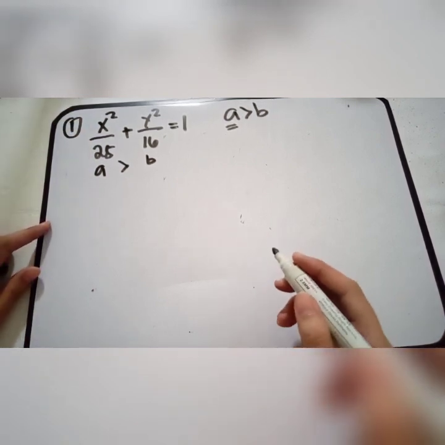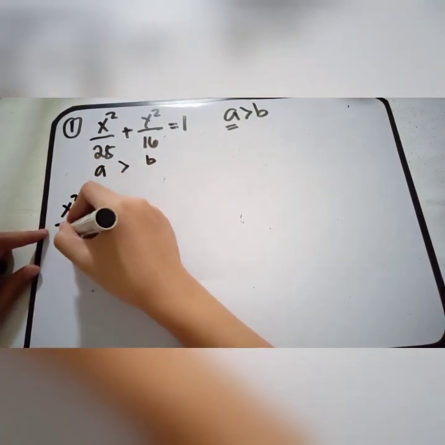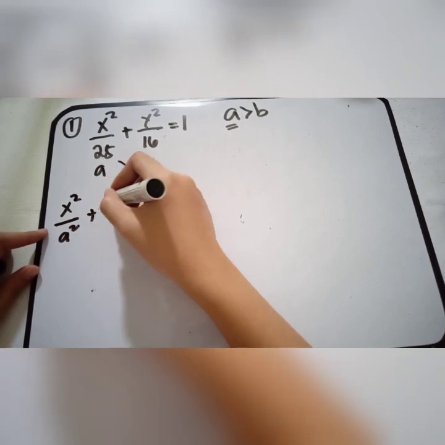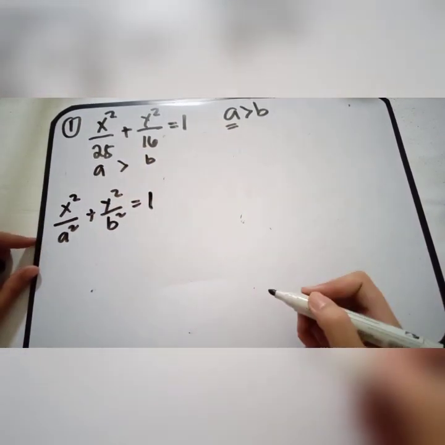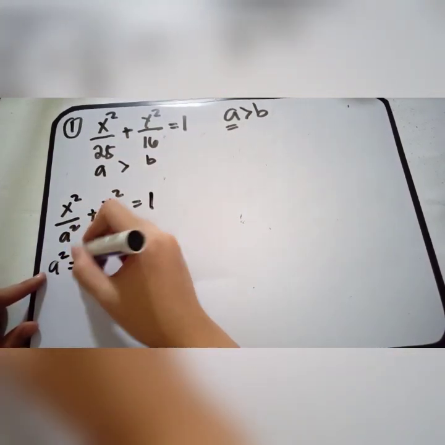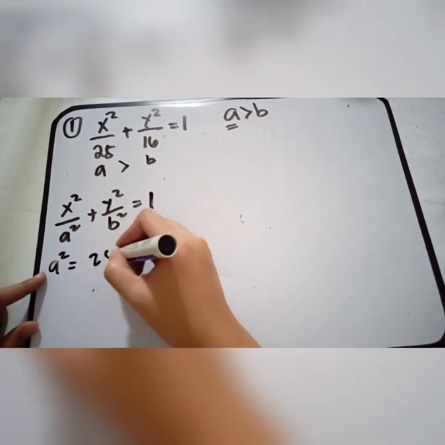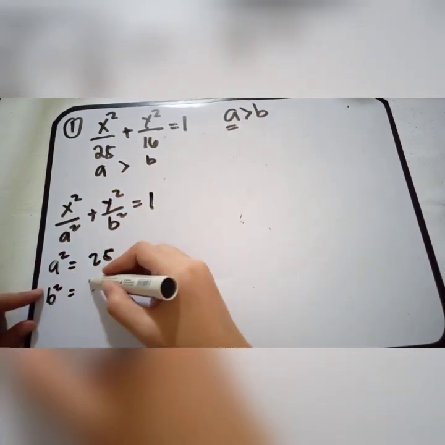The formula of the major horizontal axis is x squared over a squared plus y squared over b squared is equal to 1. What is the value of our a squared? It is 25, and the value of our b squared is 16.